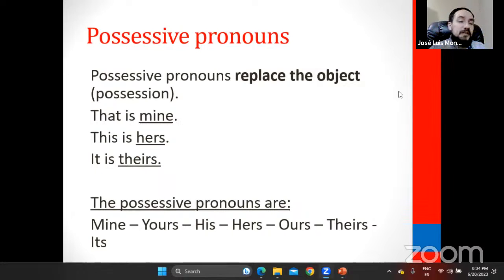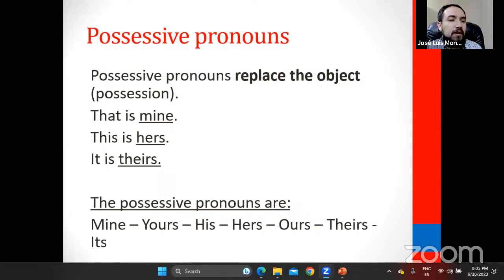Okay, so possessive pronouns replace the object, right? That is mine, but what are you talking about? A pencil, a laptop, anything. It depends on what you are going to replace. So that is my cell phone, or you can simply say that's mine without saying cell phone.